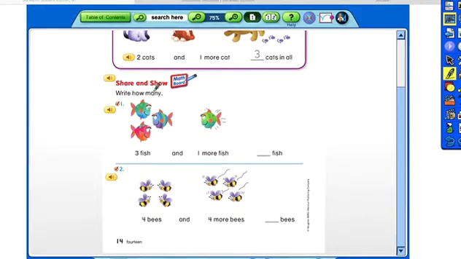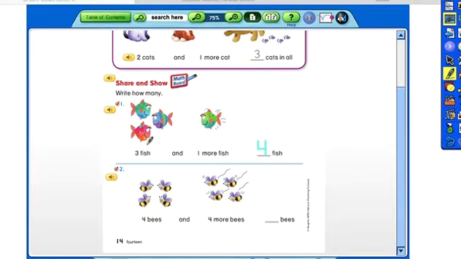Write how many. There are 3 fish. 1, 2, 3. And 1 more fish. How many fish are there all together? 1, 2, 3, 4. 3 plus 1 equals 4.